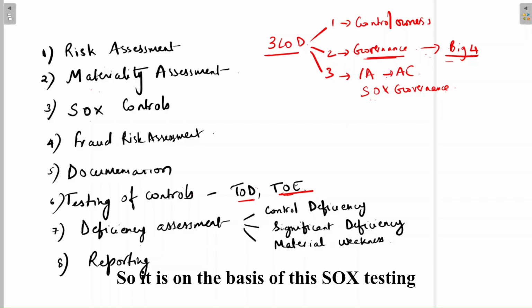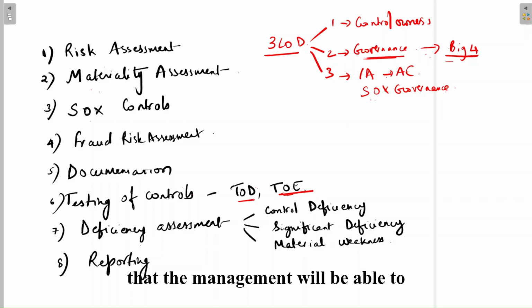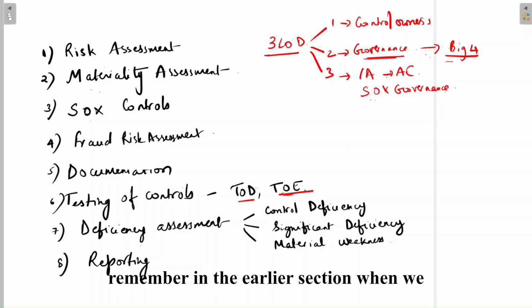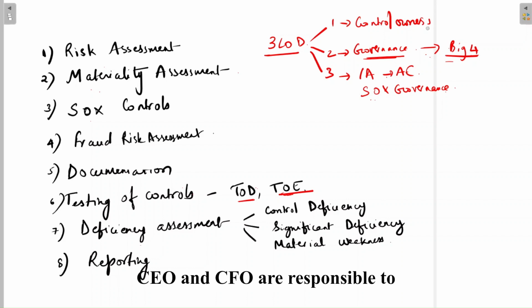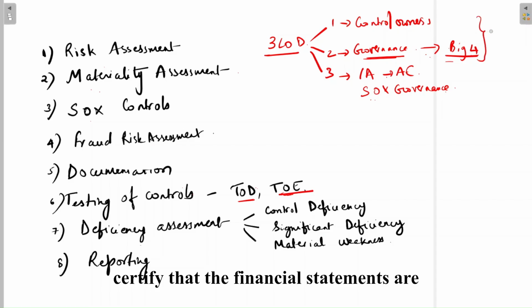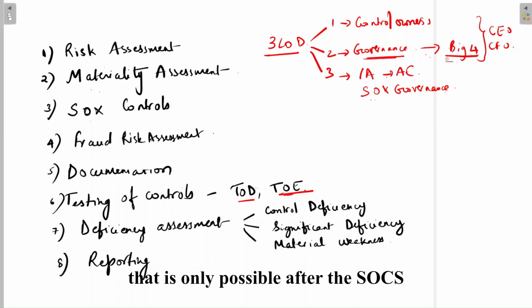So it is on the basis of this SOX testing that the management will be able to perform a self-attestation. If you remember in the earlier section when we saw provisions of SOX, we saw that the CEO and CFO are responsible to certify that the financial statements are free from material misstatements, and that is only possible after the SOX testing, which is done by the second line. So practically how it happens, in a large organization there will be so many locations, entities, functions. All the first line control owners will do a self-assessment.